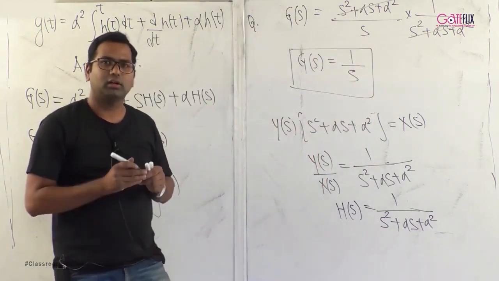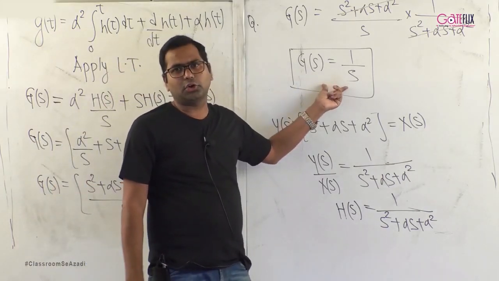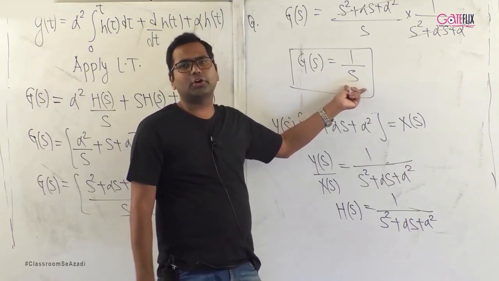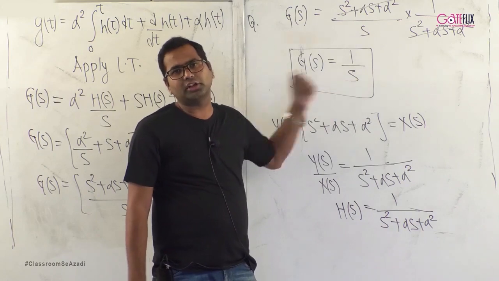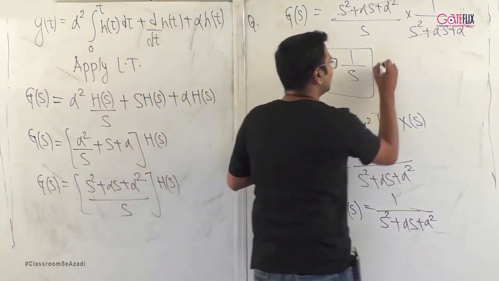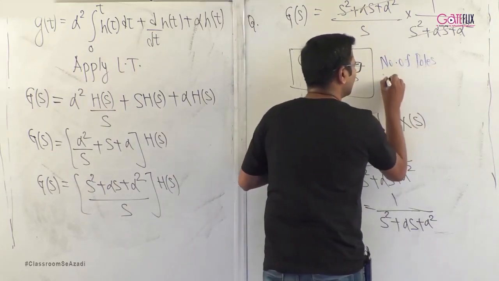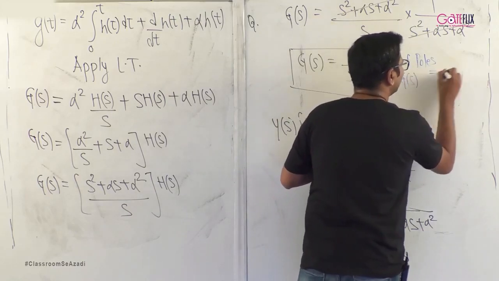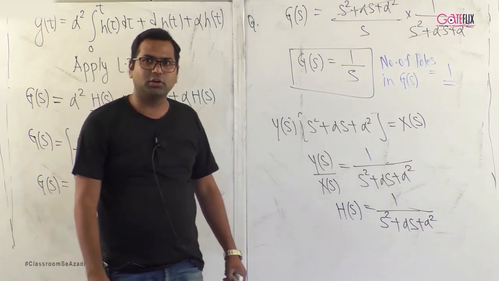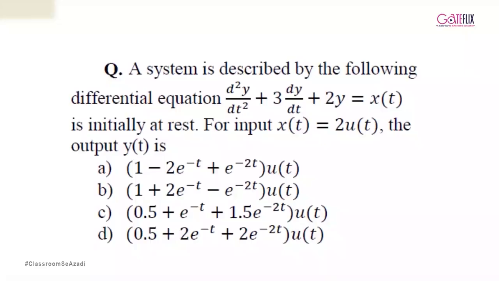In the question, they are asking how many poles are there in G(s). As we can clearly observe, there is only one pole in G(s), and that pole is at the origin. Therefore, the number of poles in G(s) is equal to 1, which is the answer to this GATE question.